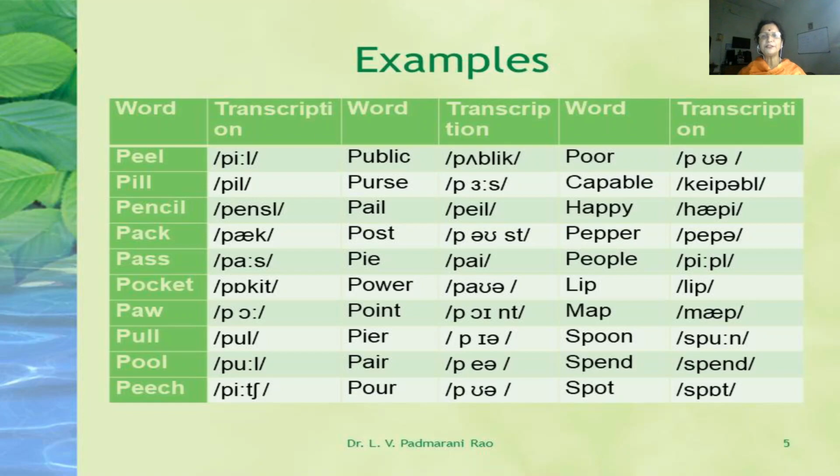Accordingly, the puff of air of the h sound creates a characteristic feature of pronunciation, which is called aspiration. Aspiration is a very interesting and important feature of English pronunciation.